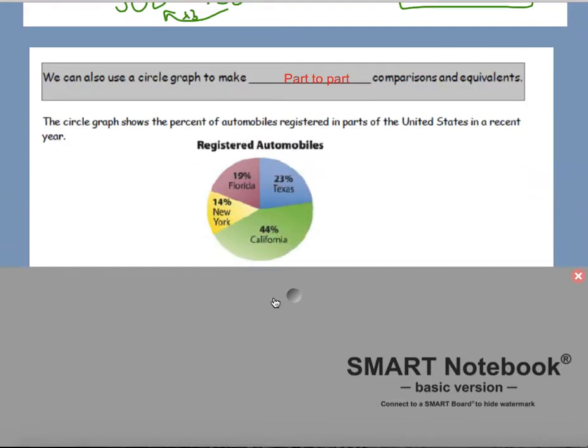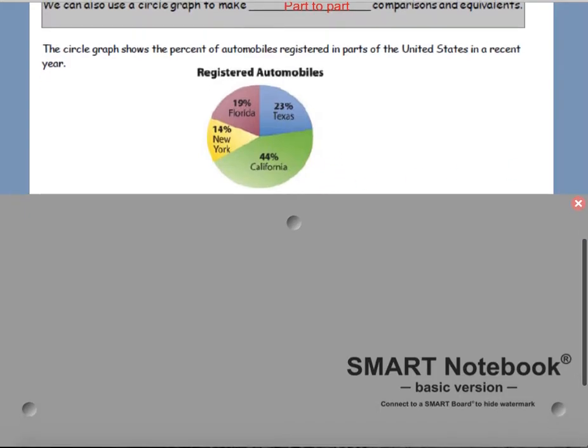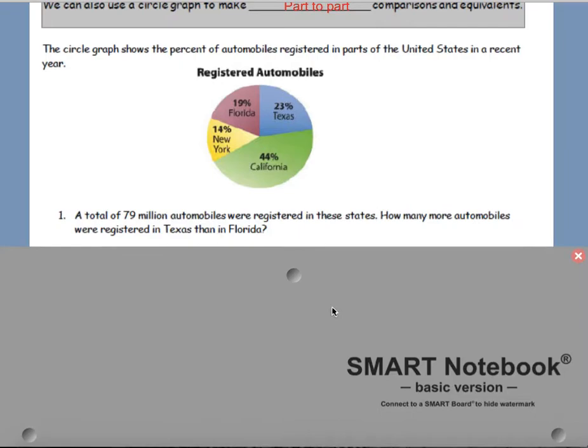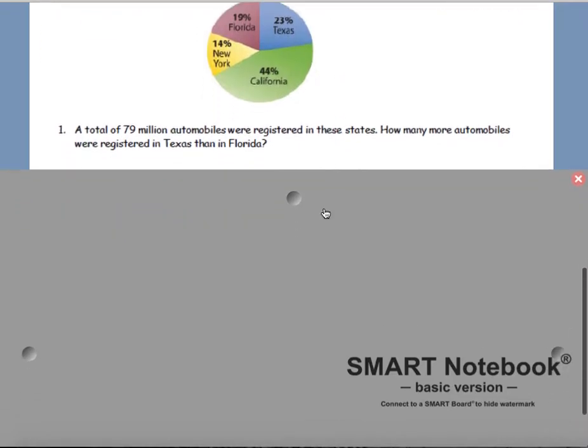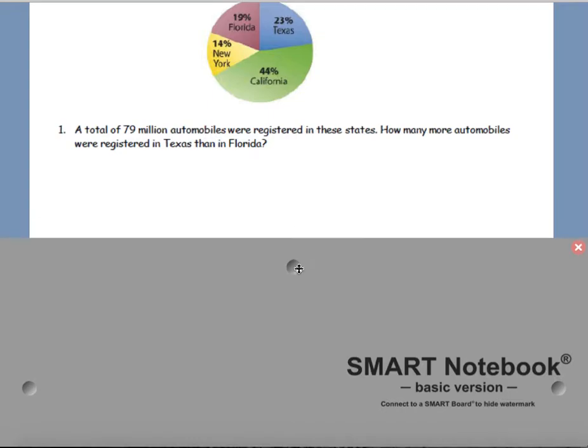So it says the circle graph shows the percent of automobiles registered in parts of the United States in a recent year. A total of 79 million automobiles were registered in these states. How many more automobiles were registered in Texas than in Florida?